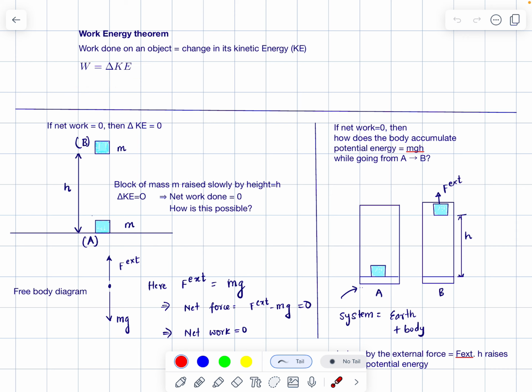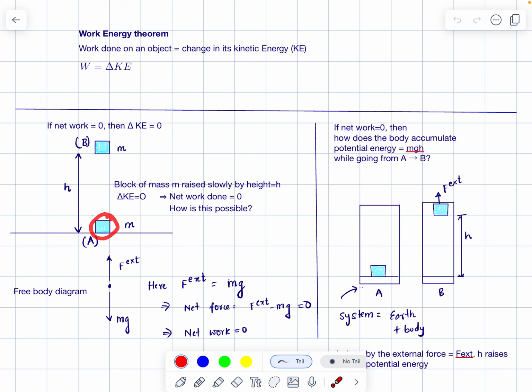So let us take an example of a situation where we have a block of mass m that is raised by a height h, from position A to position B. Here we assume that there is an external force acting on the block that just balances out the force of gravity, the weight of the block.